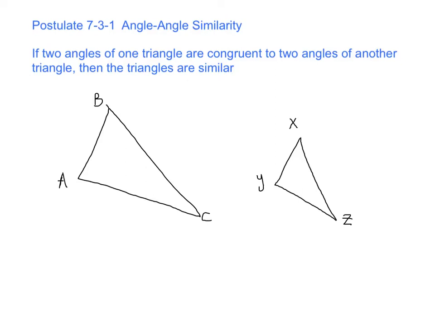Now, if we knew here that, let's say, angle A is congruent to angle Y, so currently we have one angle of a triangle congruent to an angle of another triangle, and we also knew that angle C is congruent to angle Z, because we have two angles in one triangle congruent, then we can conclude that triangle ABC is similar to triangle YXZ.